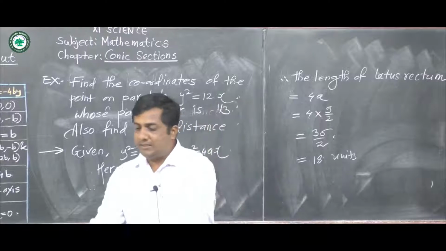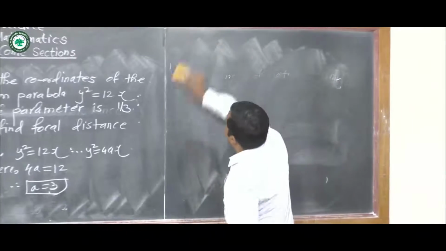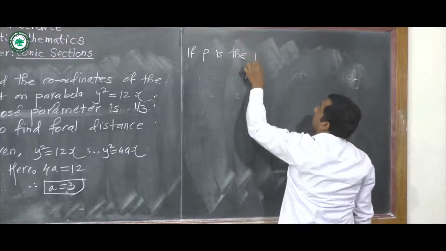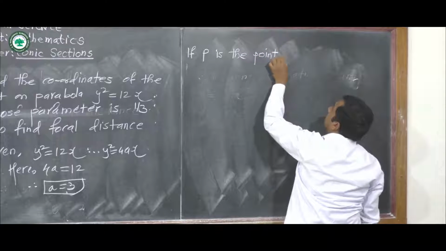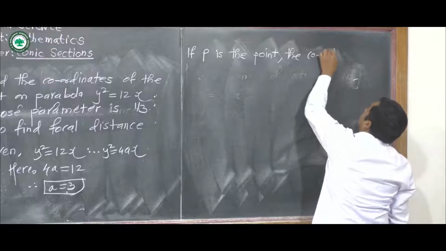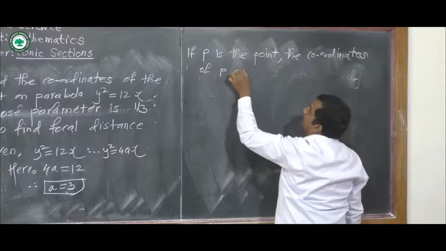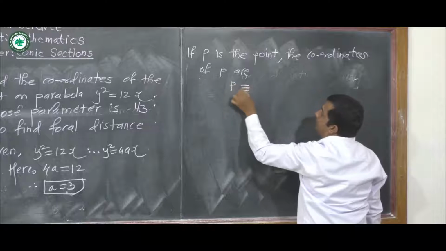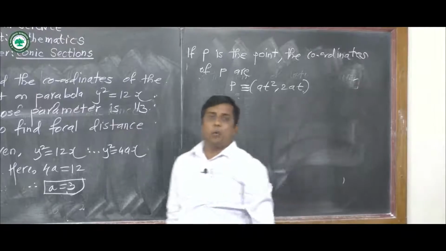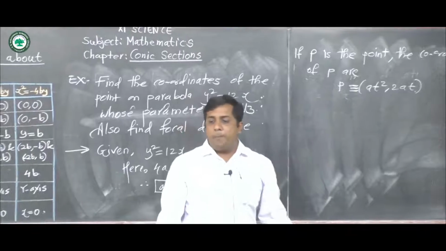Now we consider the point P. If P is the point, then the coordinates of P are at square and twice at. Remember this point. We define this point by using the parameter.